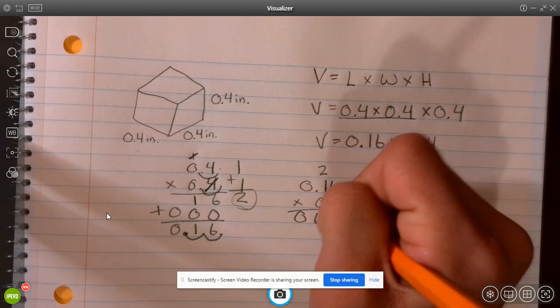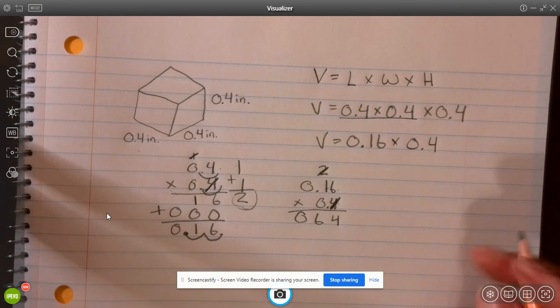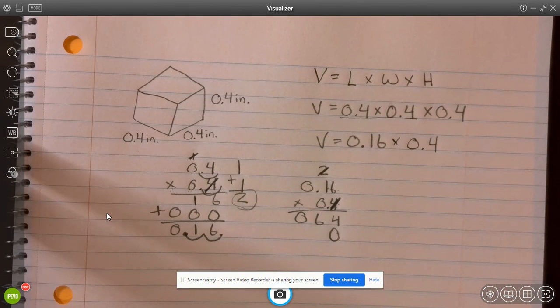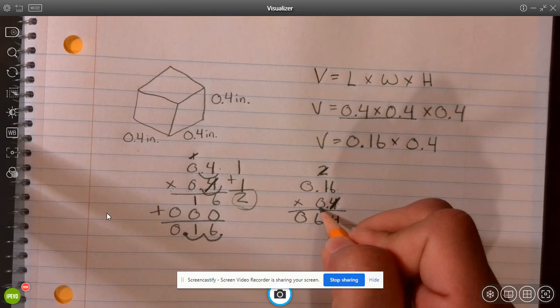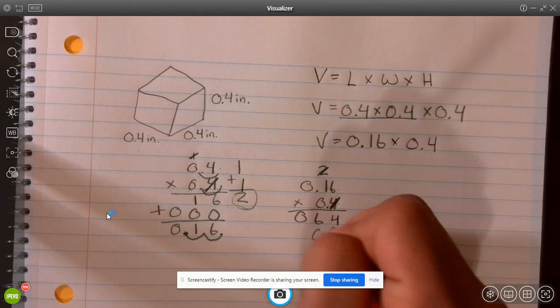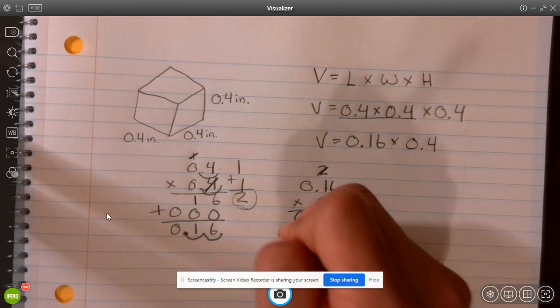So I'm done with the 4, and I'm done with that 2. I can cross it out so I don't get confused. Now put your placeholder. Okay, we move on to the next number. 0 times 6 is 0. 0 times 1 is 0. 0 times 0 is 0.